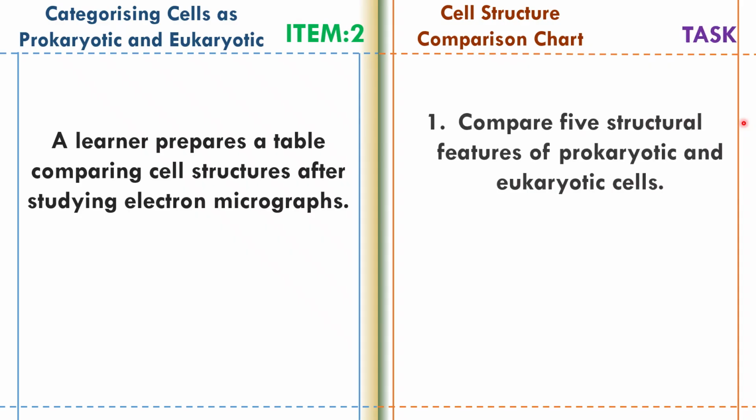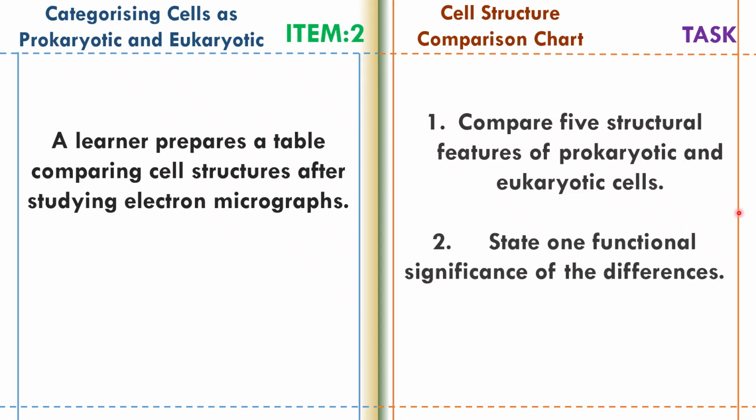Task: compare 5 structural features of prokaryotic and eukaryotic cells. State one functional significance of the differences.